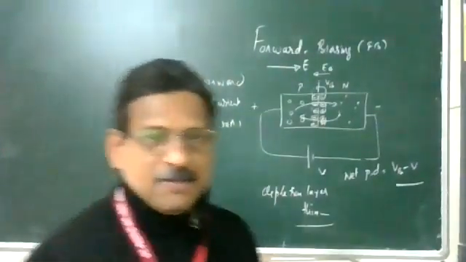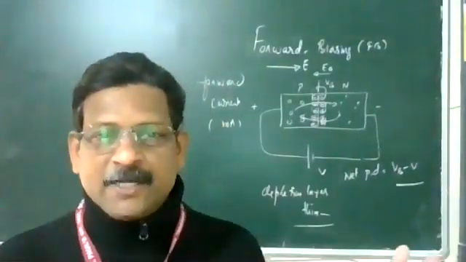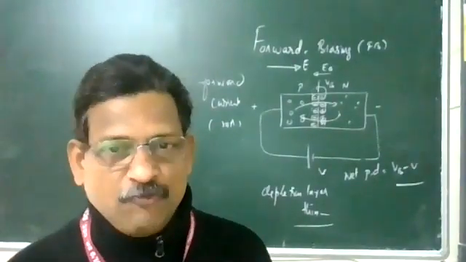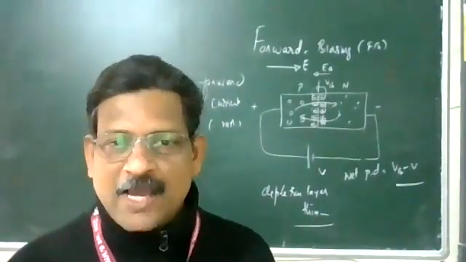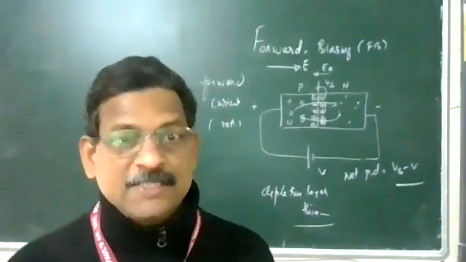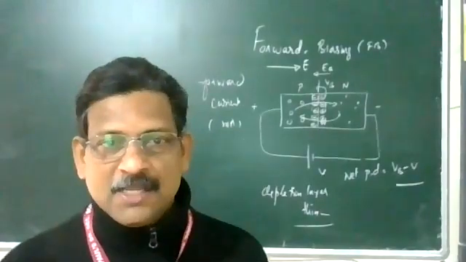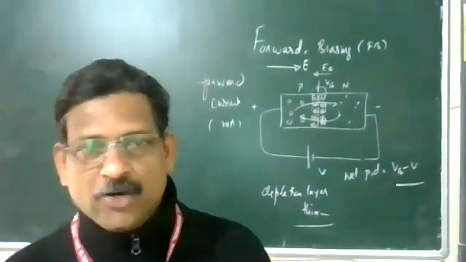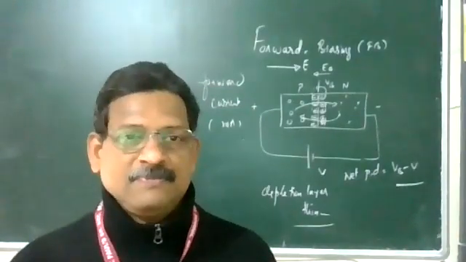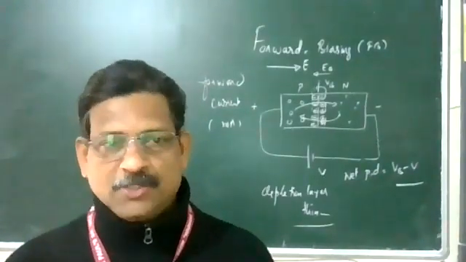So under forward bias, the opposition has reduced, which means the resistance to the flow of current carriers is greatly reduced. So the current increases. It means the resistance of the junction diode during forward bias is very small. That is another important point.